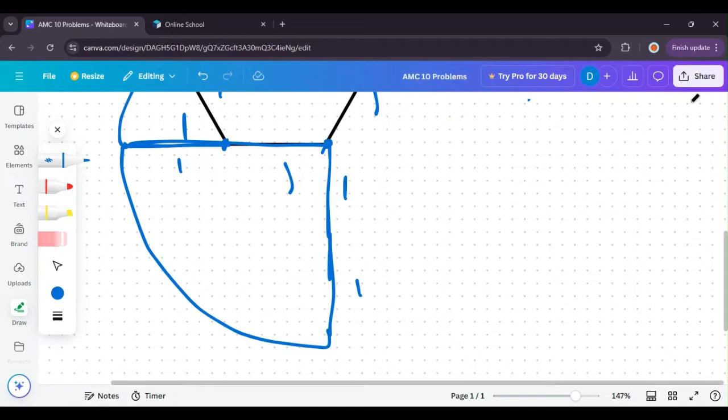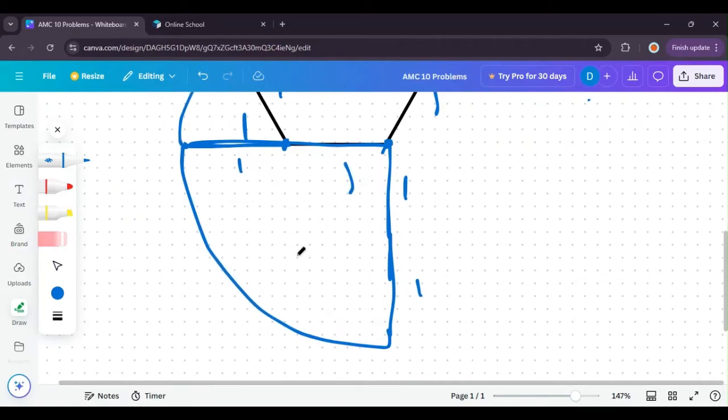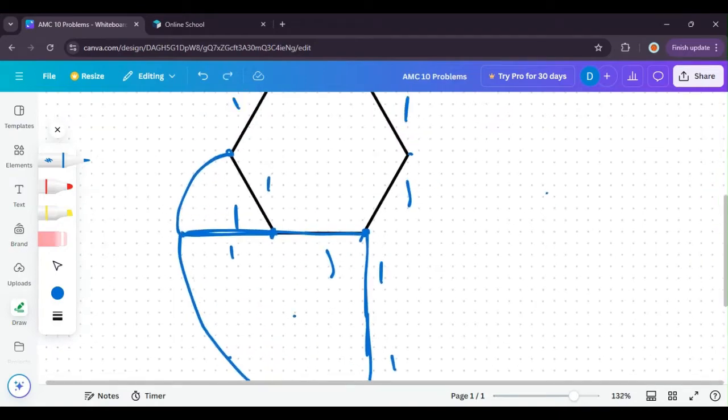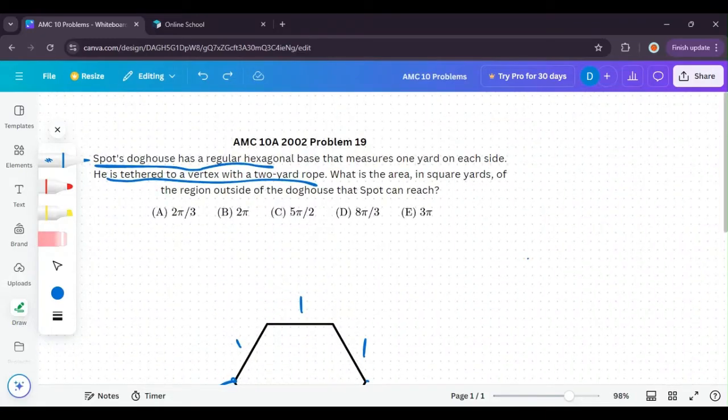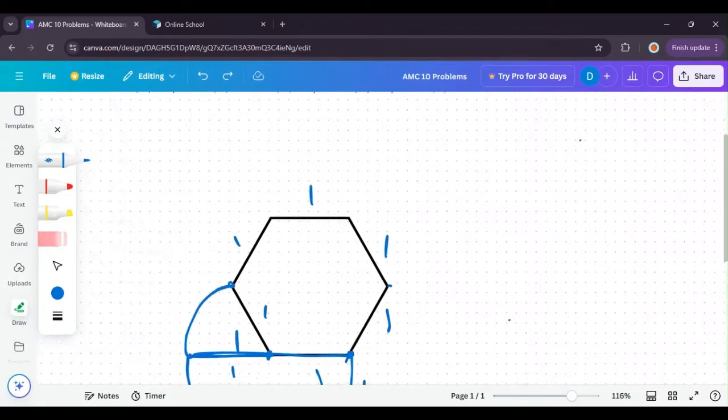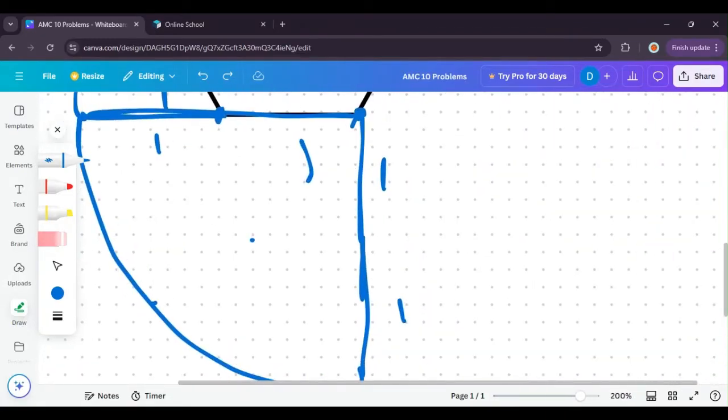So he can reach any point on this quarter circle, and any point inside the quarter circle as well, because he is strapped to this 2-yard rope, and he can only reach 2 yards away or shorter.